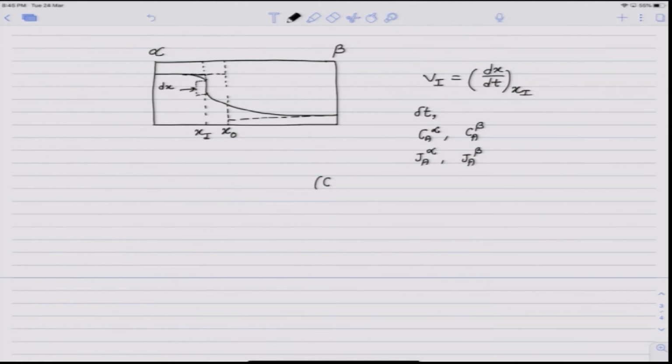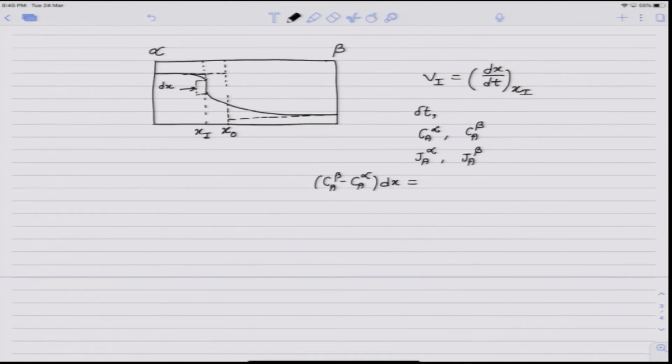the final concentration C A beta minus the initial concentration C A alpha of the element times the volume of the element, which is dx, is equal to the difference in the fluxes, J A tilde beta minus J A tilde alpha, this should be tilde because I am considering interdiffusion flux, times the unit cross section 1 times the time interval delta t.